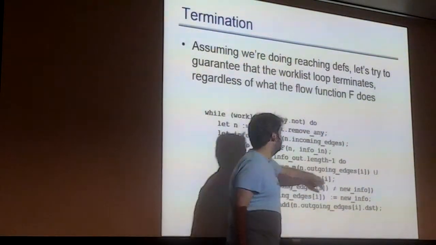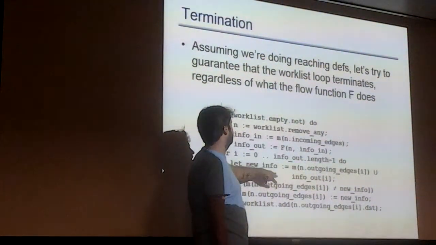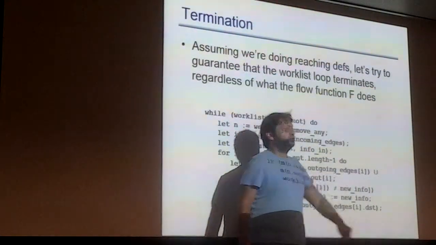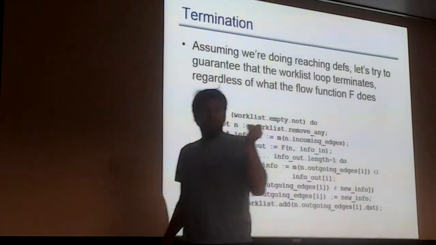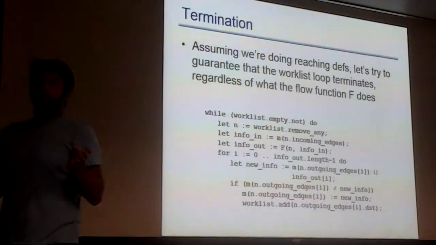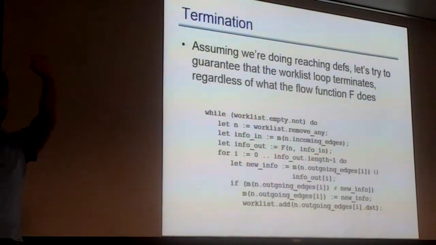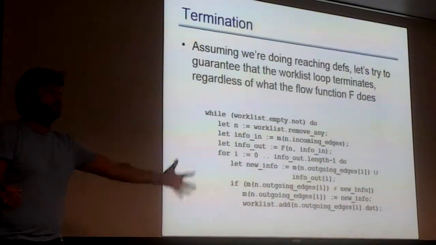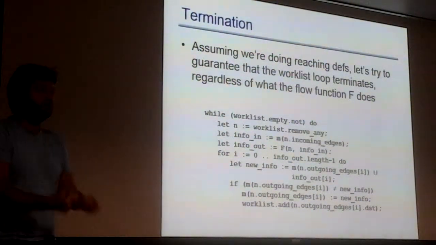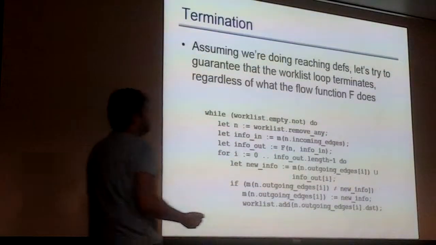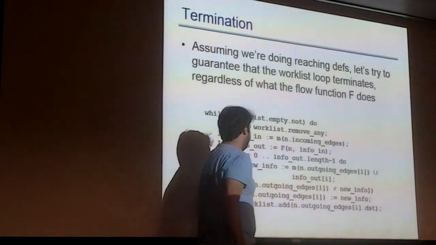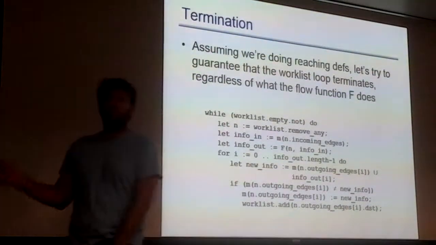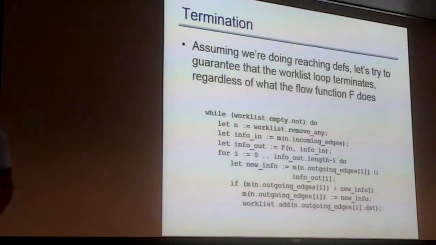The info out is what the flow function produces, and you union it with whatever information you have stored in your map. You take this output, see what you have stored in your current solution, union those two, and then check whether this new thing is going to be different. If it is, that's only when you assign it and put the node on the worklist.